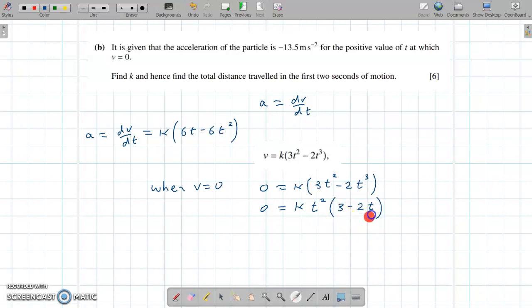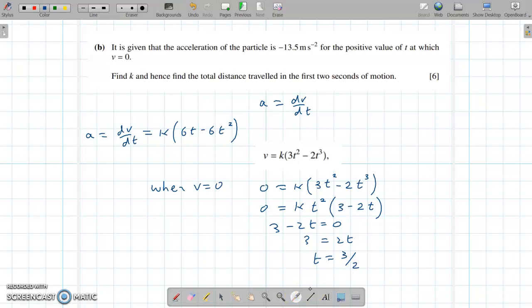But also when 3 minus 2t is 0. So 3 equals 2t, so t equals 3 over 2.